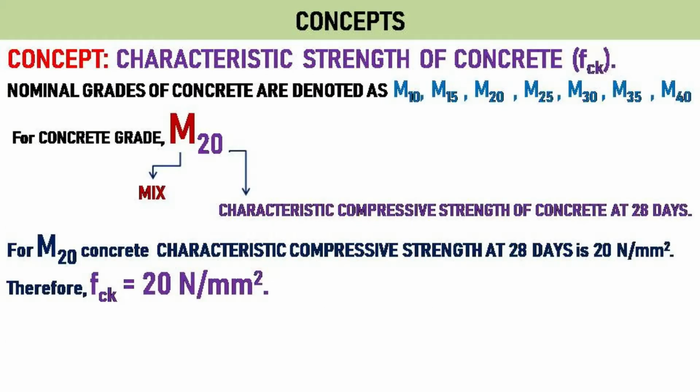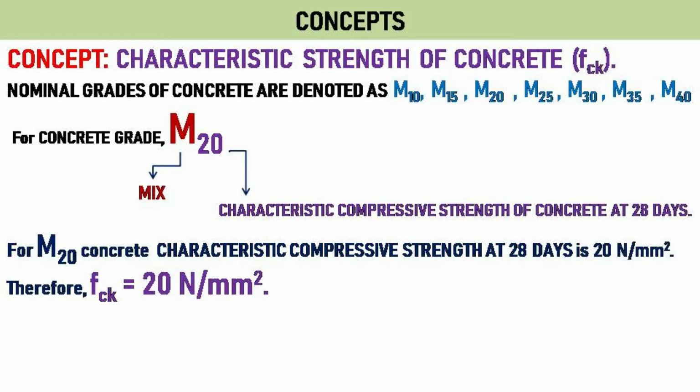Slide 5. Here, we will see about the characteristic strength of concrete. Characteristic strength of concrete is denoted with fck. Nominal grades of concrete are denoted as M10, M15, M20, M25, M30, M35 and M40.